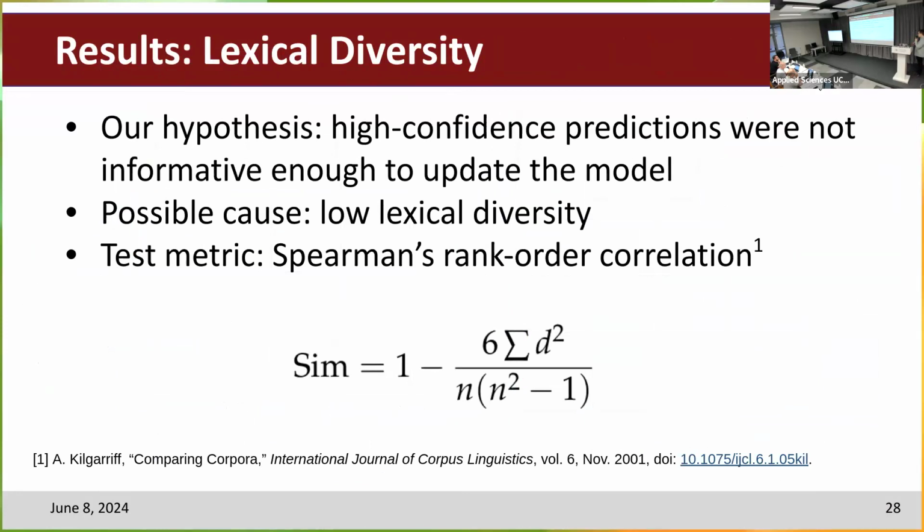So, D is the ranks of the words. This method ranks the words in corpora by their frequency, and the ranks of the corresponding positions are summarized, and based on this, the correlation between these ranked lists of words is computed.